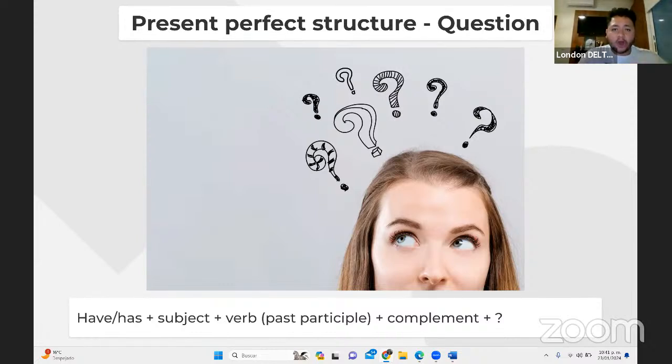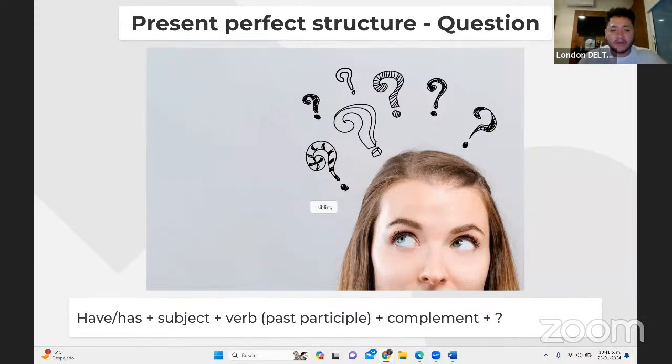Other thing that I forgot to tell you about the previous one is, be careful. Tengan cuidado con have y not porque no es lo mismo. Si yo quiero decir, yo no tengo hermanos, algunos cometen el error de decir, I haven't siblings or I haven't brothers.